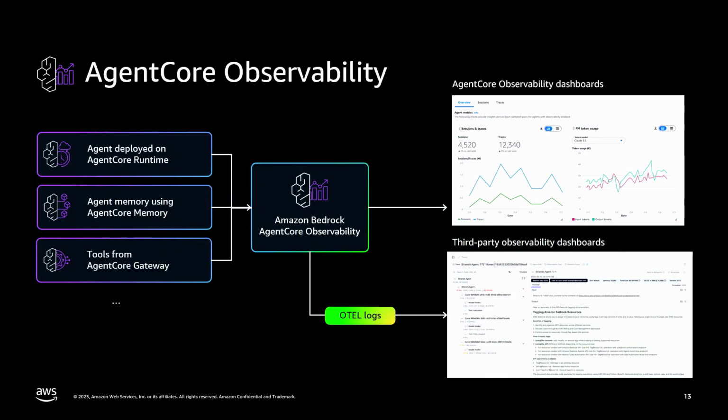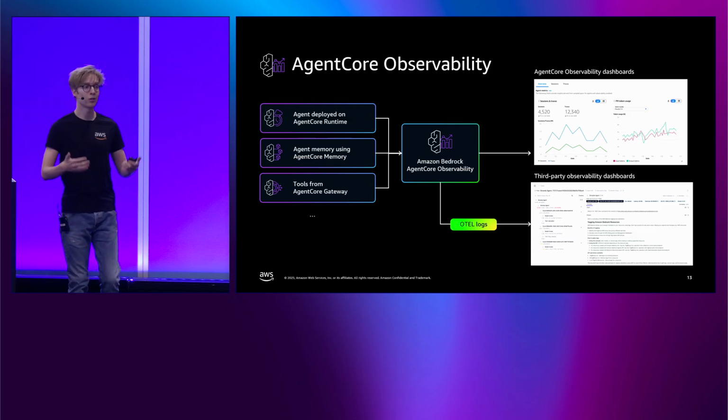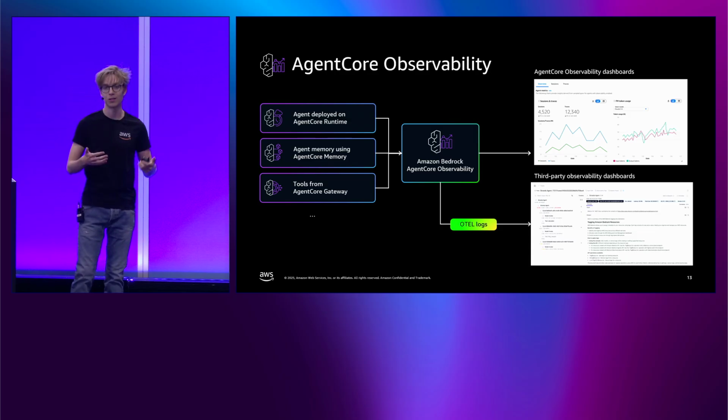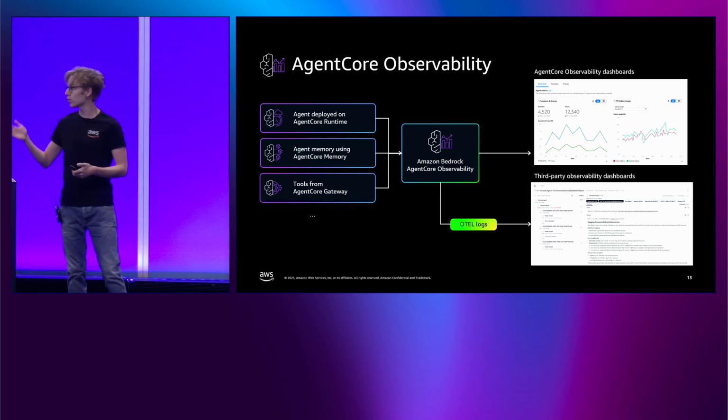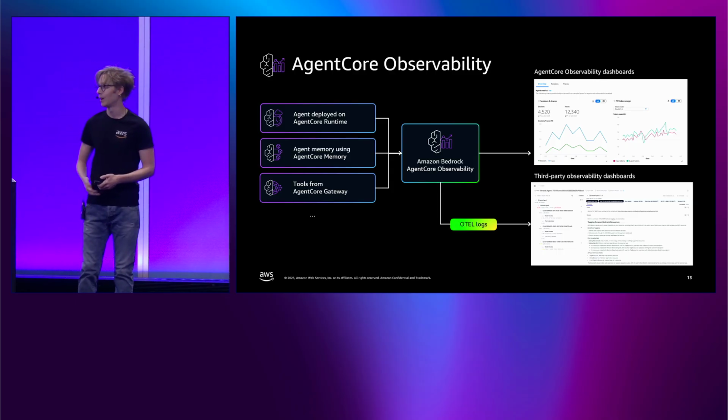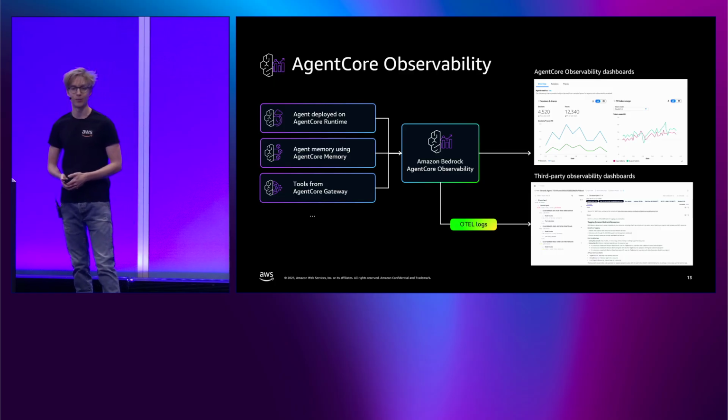So Agent Core Observability gives you a dashboard for basic observability, but also, and most importantly for this session, it exposes a number of, let's say, metrics, logs, spans, traces, and sessions that Dynatrace would then use to do the more advanced observability via their platform. And now Sean will talk about this part.